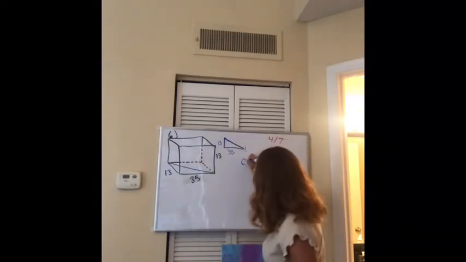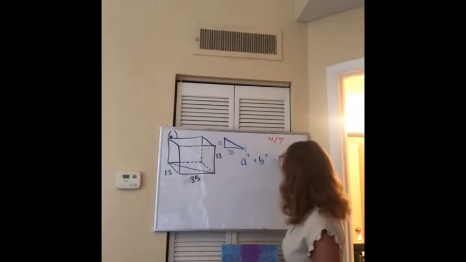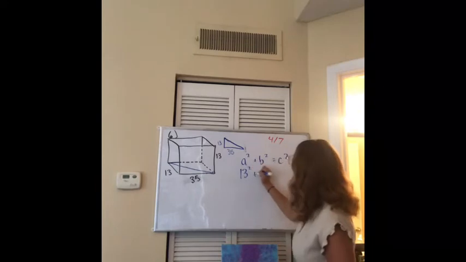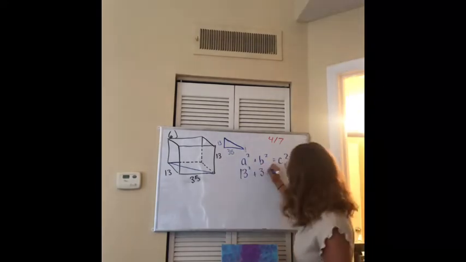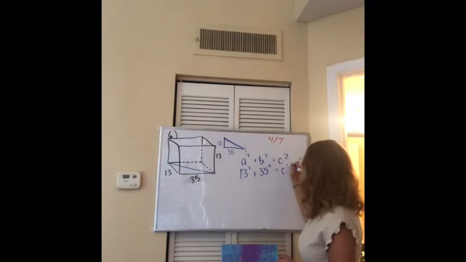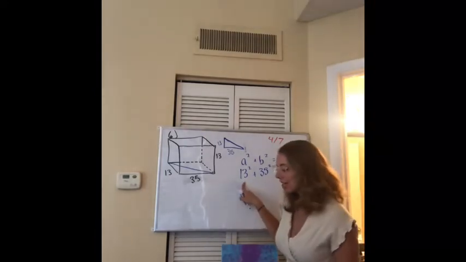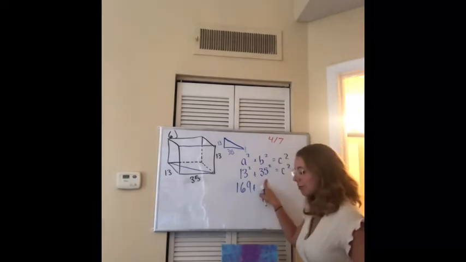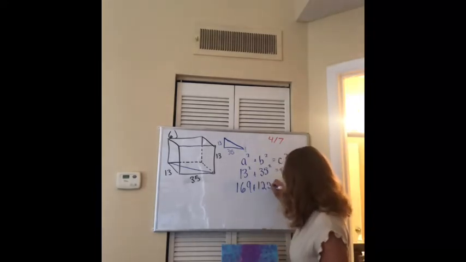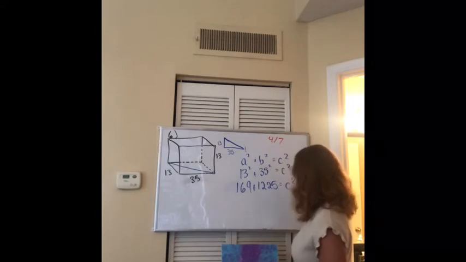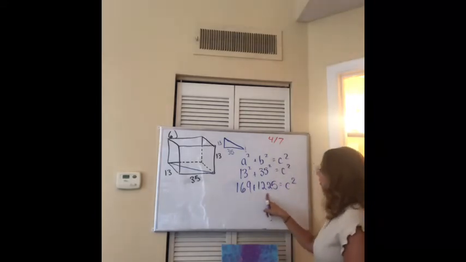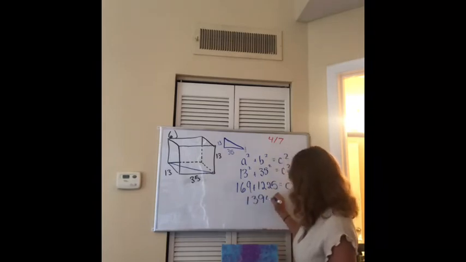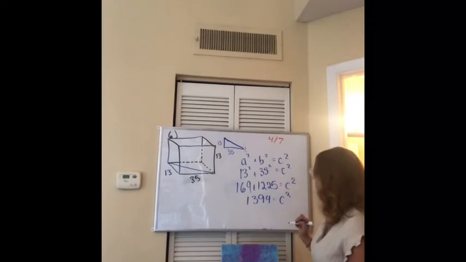So this is a squared plus b squared equals c squared. a is 13 squared plus b is 35 squared equals c squared. 13 times 13 is 169 plus 35 times 35 is 1,225 is c squared. 169 plus 1,225 gives me 1,394 is c squared.